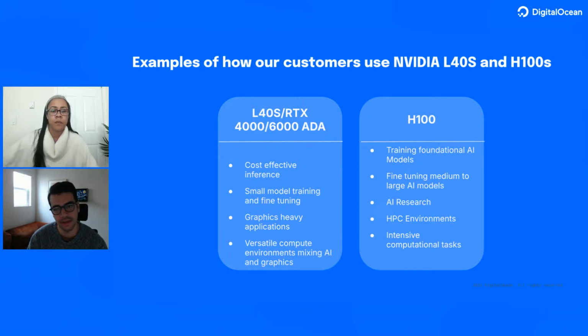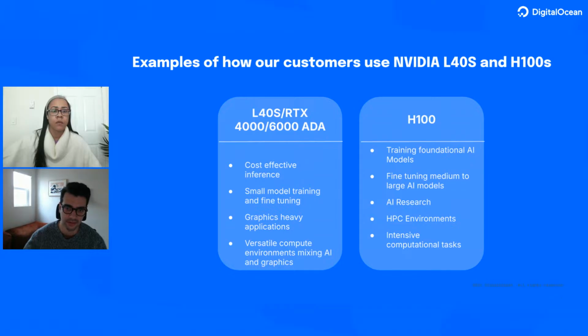Next slide, please. Yeah. So how do our users use these three GPU models? As I mentioned before, cost-effective inference, small model training and fine-tuning, graphical use cases like video and image processing and streaming, and versatile compute environments mixing AI and graphics. Whereas if you look at H100, as I mentioned before, it's used to train foundational AI models that have much higher memory and performance requirements.